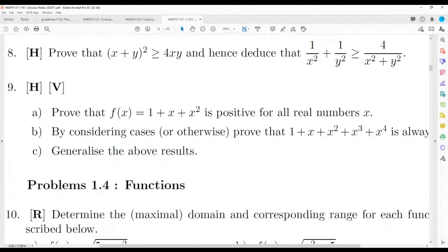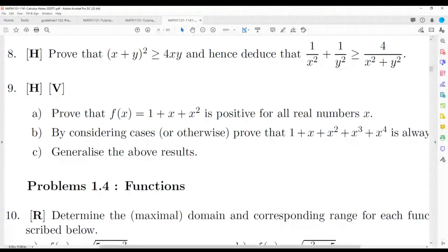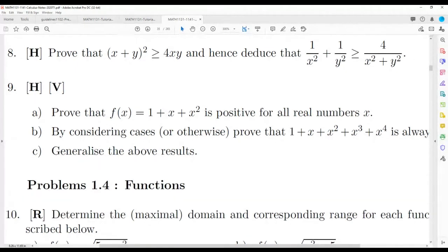Prove that 1 plus x squared is positive for all real numbers. By considering cases or otherwise, prove that that is always positive. So what you could do is just plot those 2 graphs in Maple, right? And just have a look at them. You're not really proving things there, but you're definitely confirming what's going on. Okay. Oh, Eddie, that's a good question.